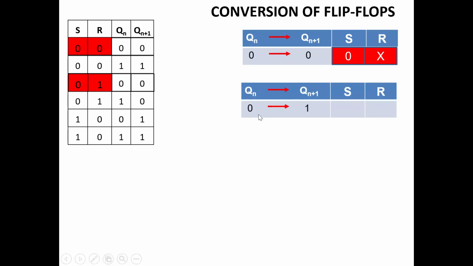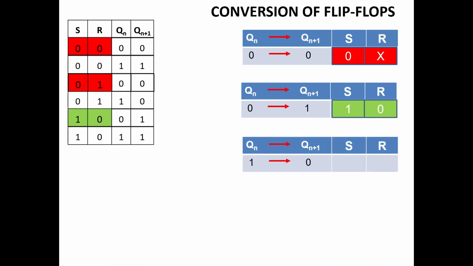For 0 to 1 transition, we have one entry here. The value of S must be 1 and the value of R must be 0. For 1 to 0 transition, again we have one entry, this one. In this case, the value of S is 0 and the value of R is 1.